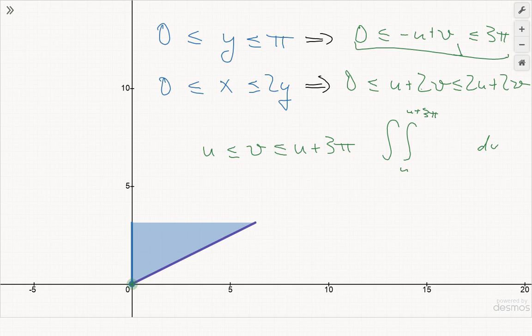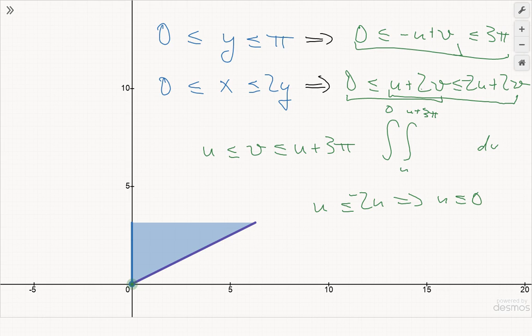So then let's look at the second set of inequalities. We can cancel the 2v's to get u less than or equal to negative 2u, which gives us that u is less than or equal to 0.